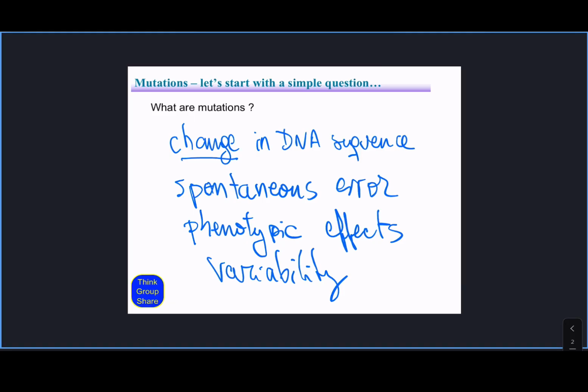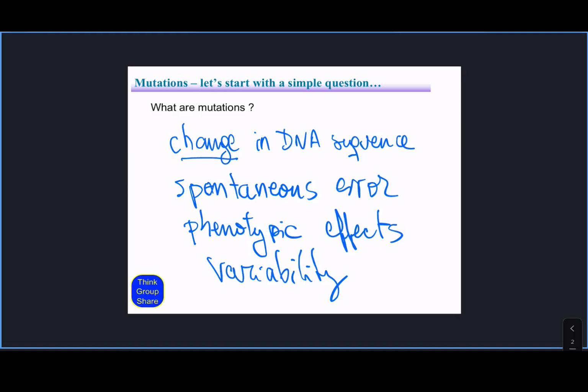Both of those together already clear the air a little bit with regards to that. There's this relatively common misconception that mutation equals bad. Mutation equals something negative, something broken, right? We'll circle back to that in a second, though. But technically speaking, a genetic mutation is simply a change in DNA sequence.